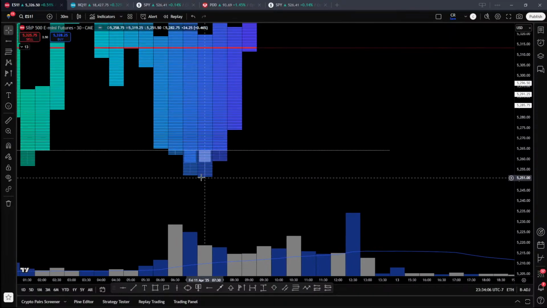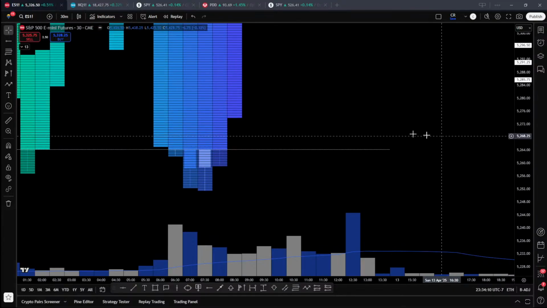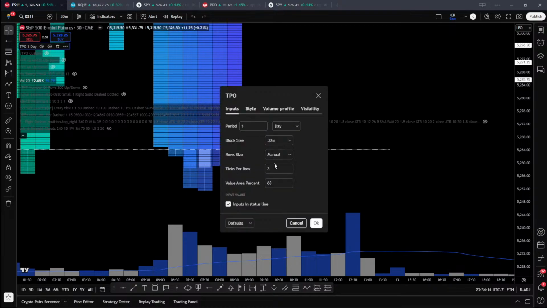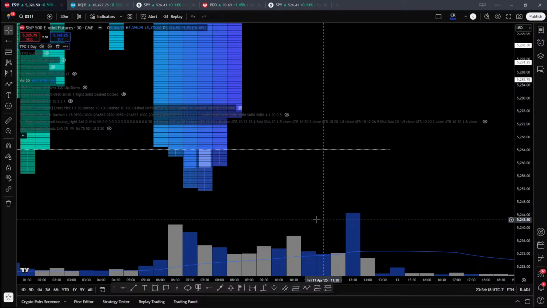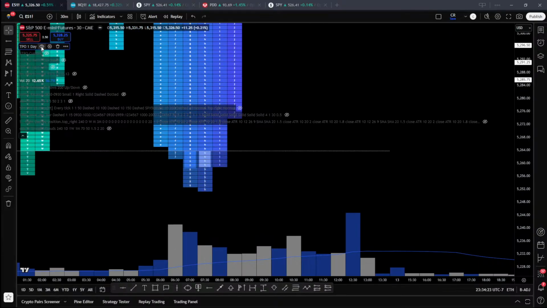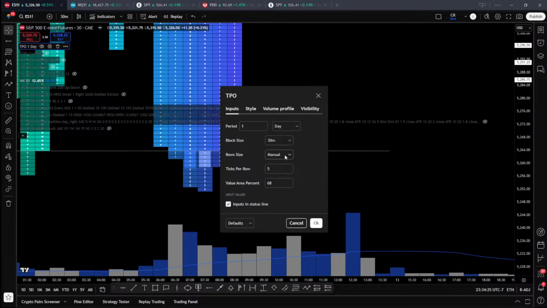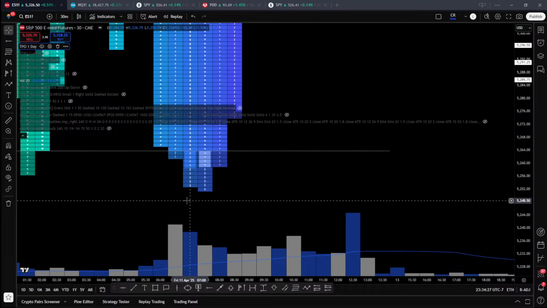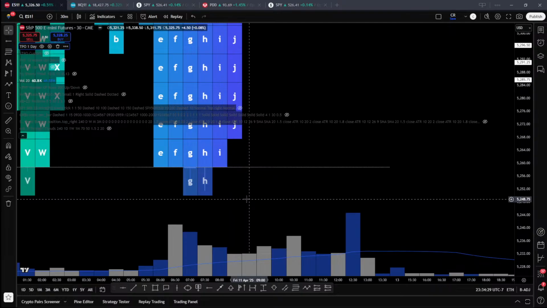According to this, it's a single print, and it's not. So you just have to use a little bit of judgment. I know if I put this on 5, then I think it becomes a poor low. No, it doesn't. But if I put this on the auto, then it becomes a poor low. So yeah, you just have to use some judgment.